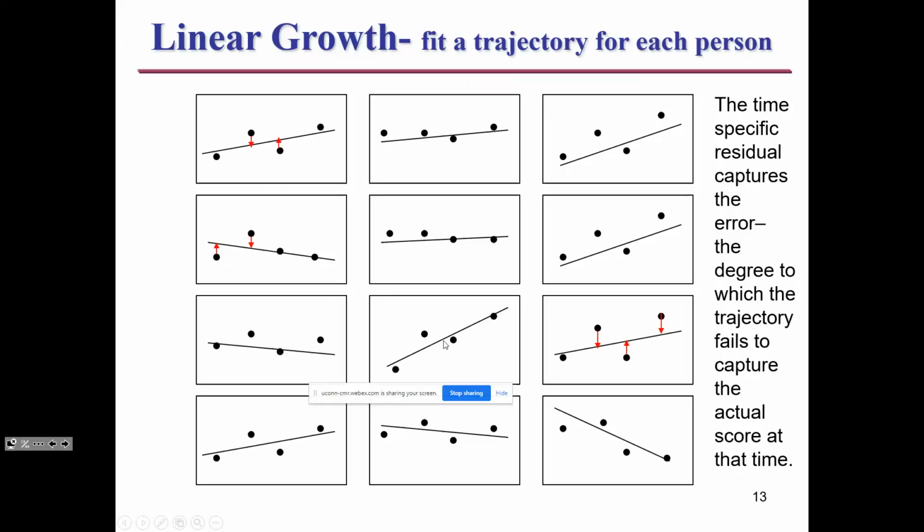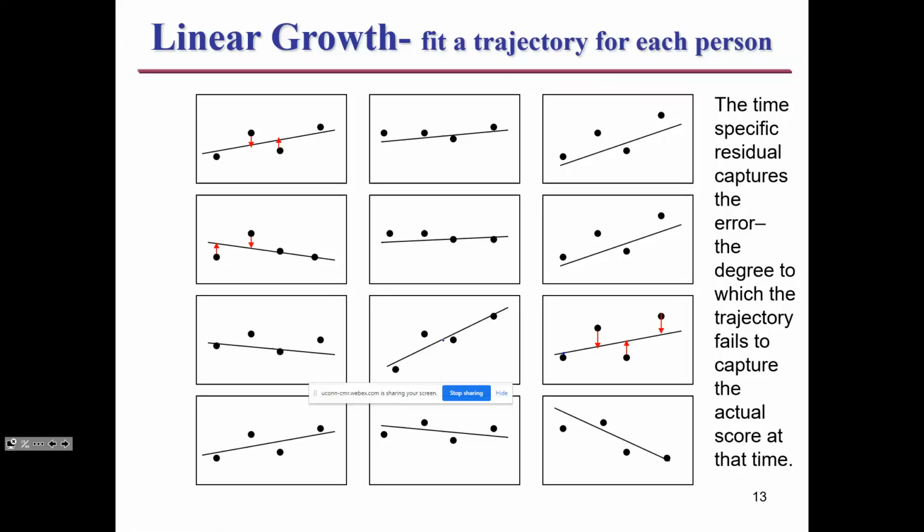So, for example, for this person, their prediction would be they're growing, I don't know what the rate is here, but they're growing at this rate. Right? But we can see that there is error, like that's the latent trajectory, but there is error, right? So actually here, we're pretty close, there's not much error for the first time point.